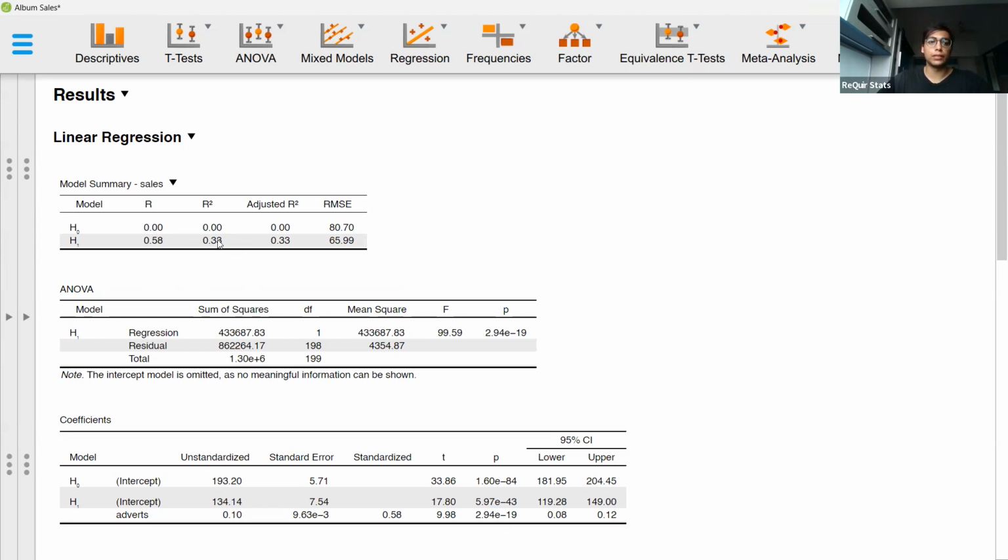And this is a proportion, 33% in this case. That means that advertisements explain 33% of the variance in album sales. That is how you can interpret this R squared value.